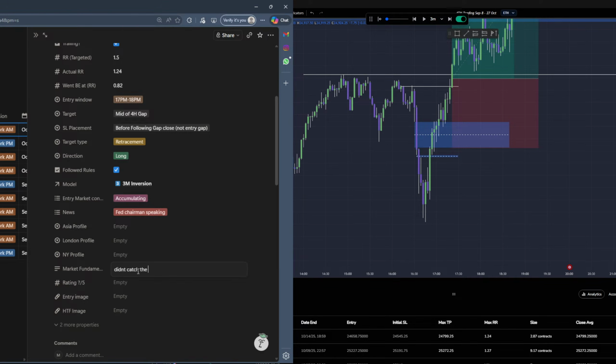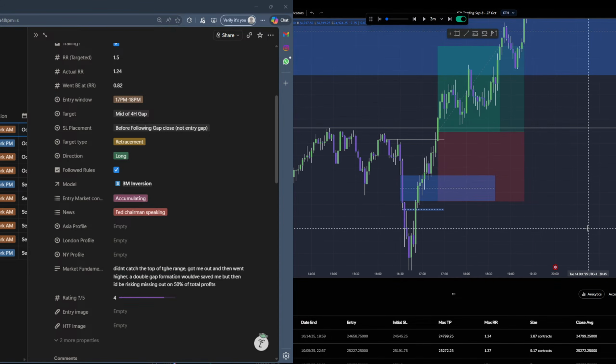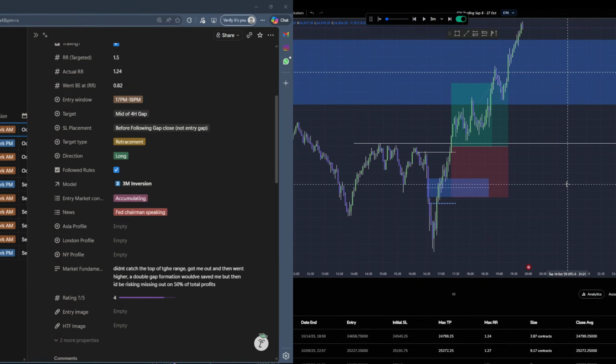Didn't catch the top of the range. Got me out. And then it went higher. Double gap formation would have saved me, but then I'd be risking missing out on 50% of total profits. I rate this 4 to 5, pretty nice push.